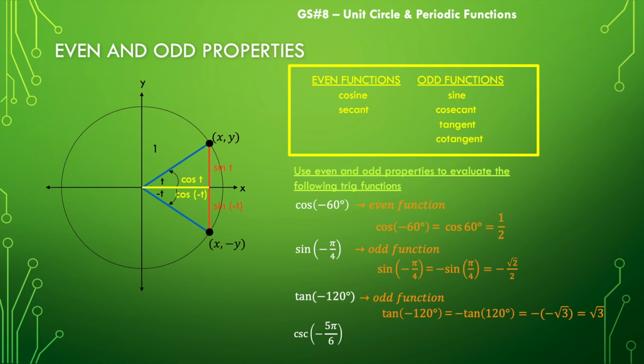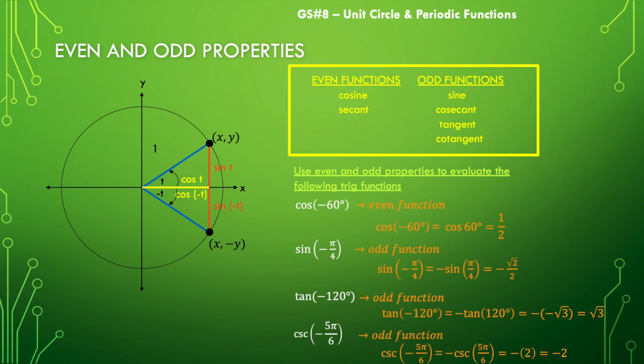And then if we're looking at cosecant of negative 5 pi over 6, cosecant is also an odd function. So we know that the cosecant of negative 5 pi over 6 is equal to the negative cosecant of 5 pi over 6.